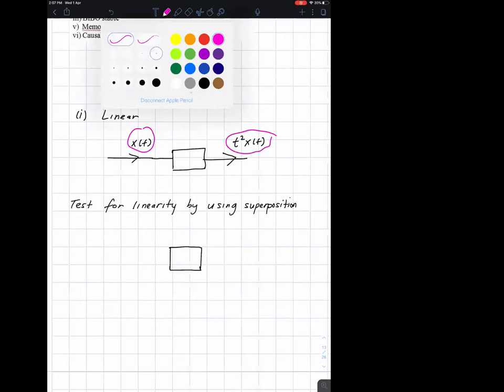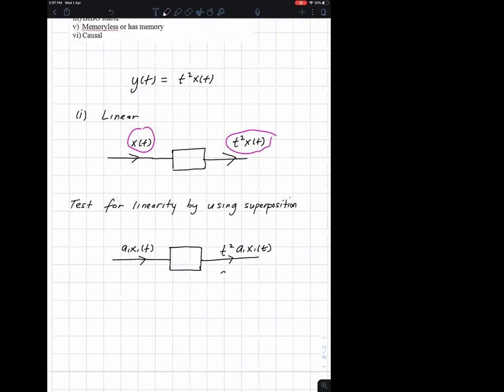Therefore, input A1 x1(t) should produce t squared A1 x1(t). Correct? Yes. Just rewriting this, it is A1 t squared x1(t). Okay, now I can call this y1(t).